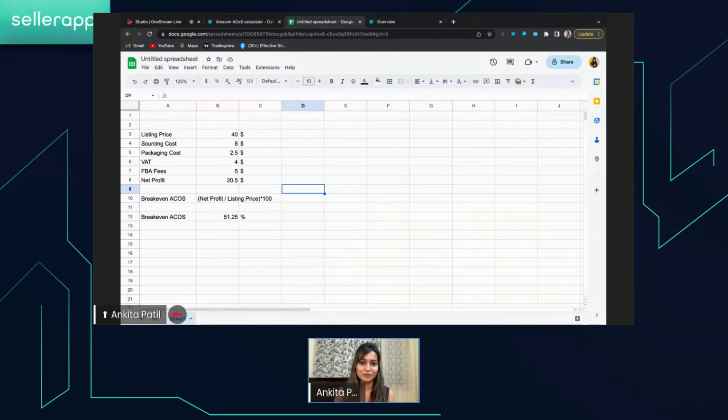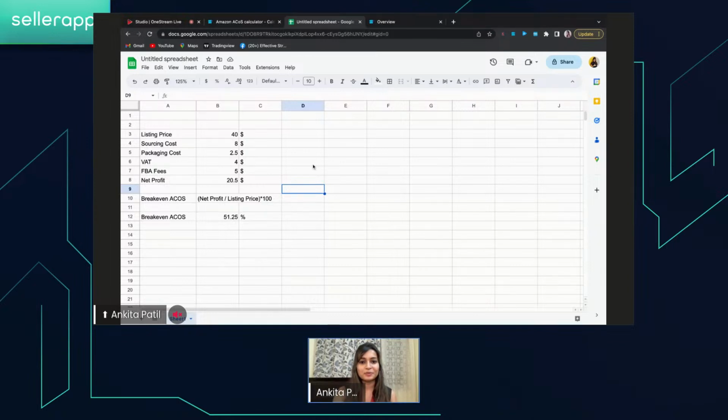First is add negative keywords. Now, these little wonders can quickly reduce your ACOS by preventing Amazon from bidding on irrelevant keywords. For instance, if you sell red flats for women, you wouldn't want Amazon to bid on keywords related to colors other than red. Take a look at your campaign data and identify any unnecessary keywords.